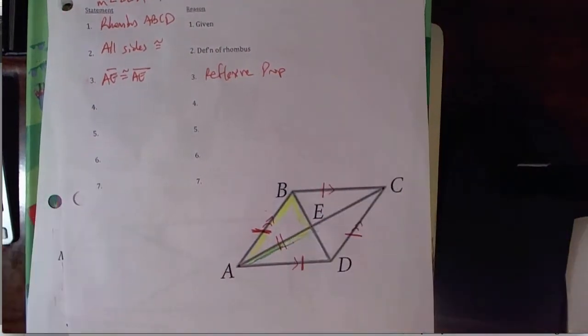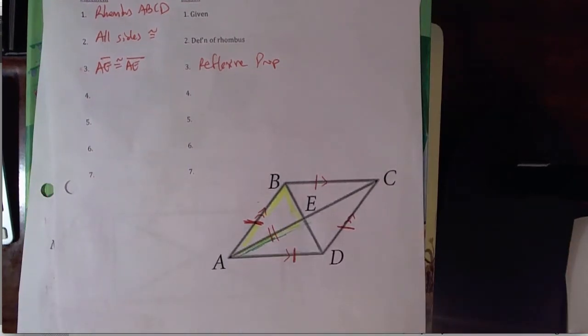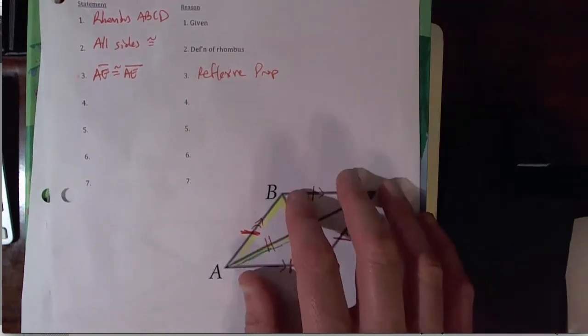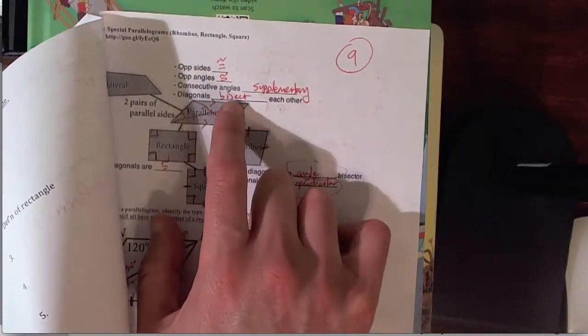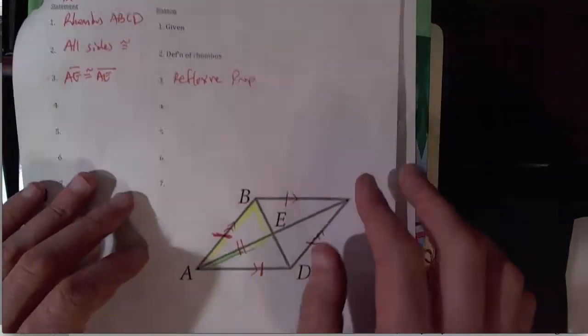So I'm going to put that. And for the last one, let's think here. There's a couple things you could do, but I think the easiest one is to remember that this is still a parallelogram. And so thinking back to a parallelogram, what do we know about the diagonals of a parallelogram? They bisect each other.